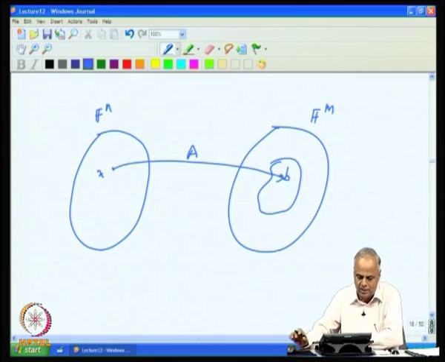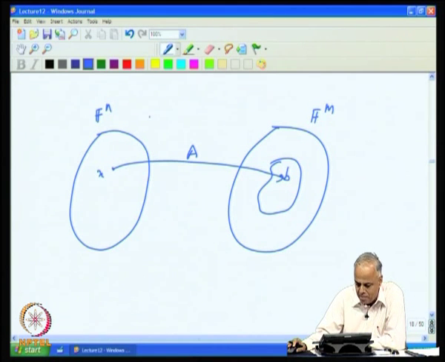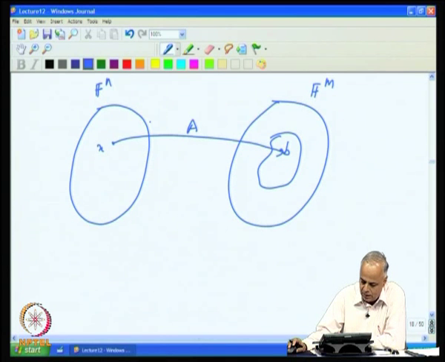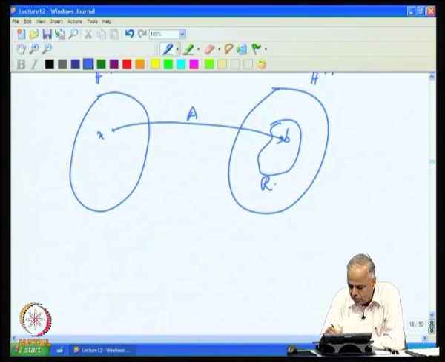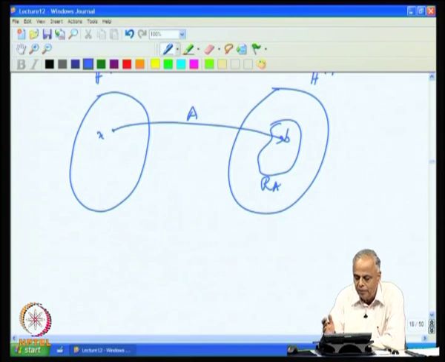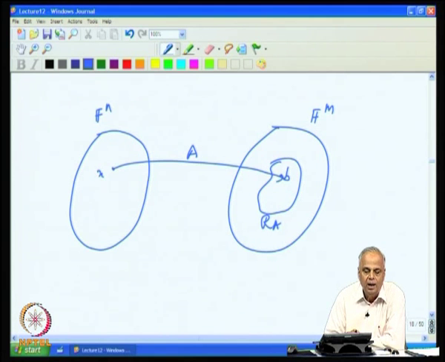If you think of A as a function from Fn to Fm, B must be the value of the function A at some point x. So, that gives us the range of A. So, the range of A is a subspace of Fm, whereas the null space of A is a subspace of Fn.